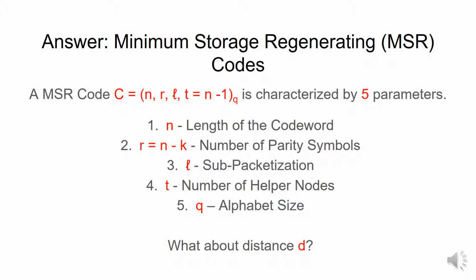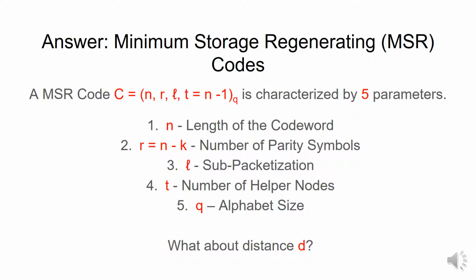Now, what about the distance? Here you're going to talk about distance across nodes, and subpacketization is a new term. In the sense that here, what you're saying is each node has a size. In some sense, you're going to treat each symbol as a vector.